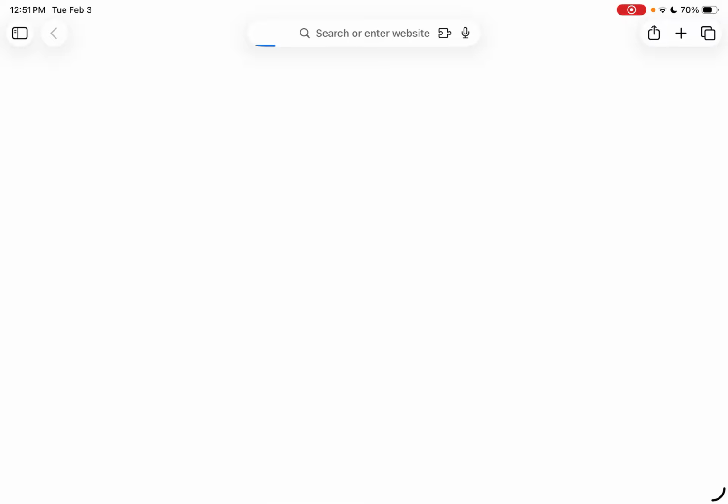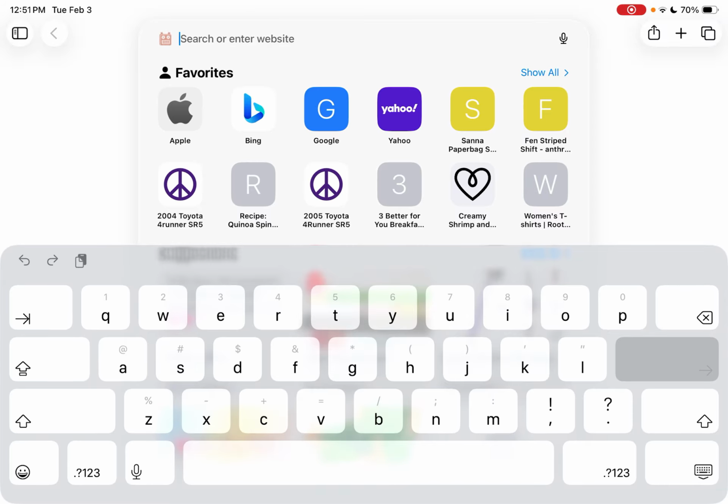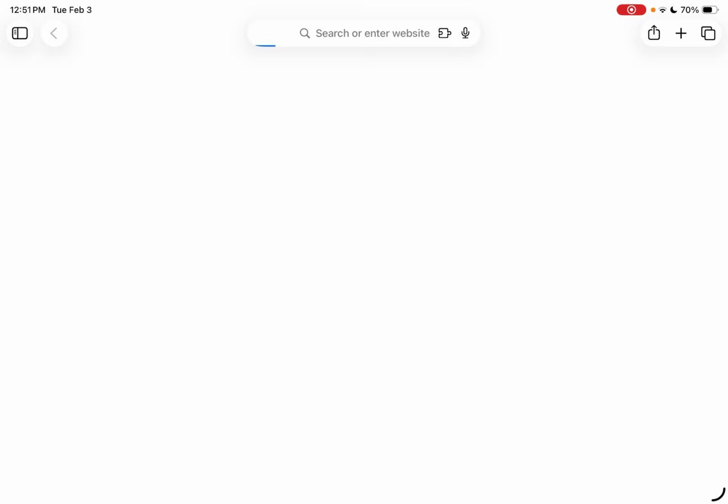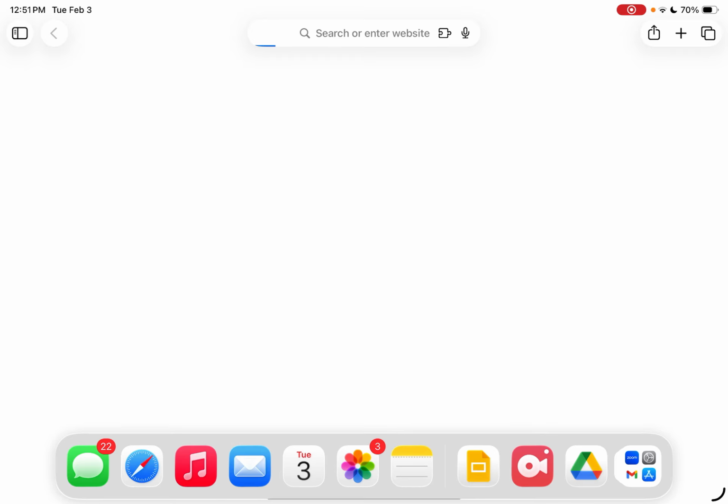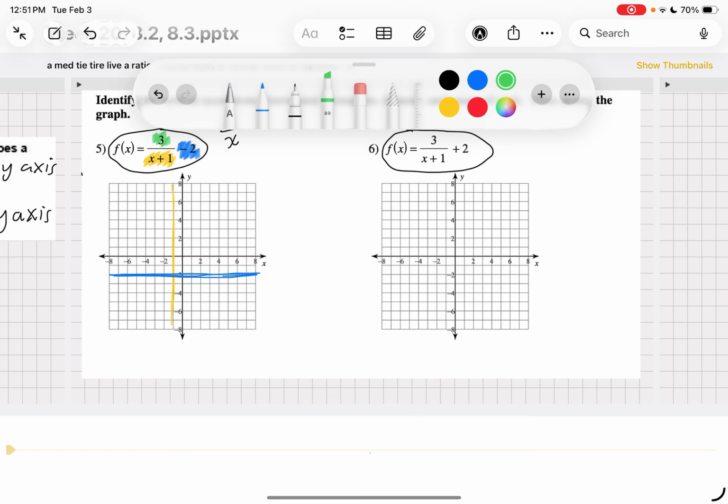Let's see if it'll load for me. Okay, maybe not. I'll just type it in on mine. Let's see what we've got here. So I'm typing this into my y equals on my calculator. So I've got 3 divided by parentheses. Actually, I'm going to do parentheses around the whole thing. 3 divided by parentheses x plus 1 parentheses minus 2.